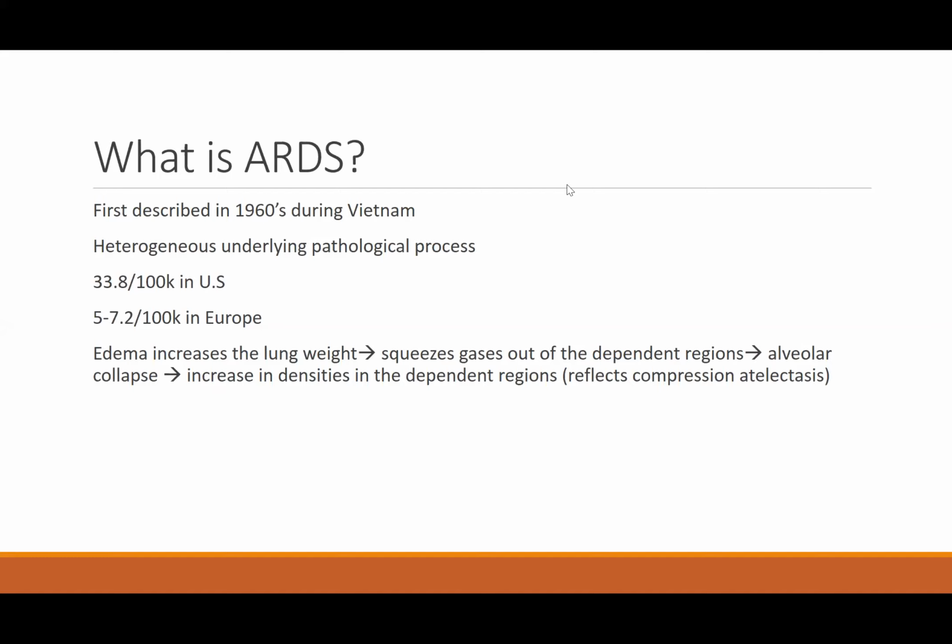Just to remind you guys, homogeneous meaning that it looks relatively the same throughout the lungs, and heterogeneous meaning that there are areas that are very, very different. And we'll talk a little bit more about why that can cause us a lot of trouble when we talk about ventilation and oxygenation and the development of ARDS.